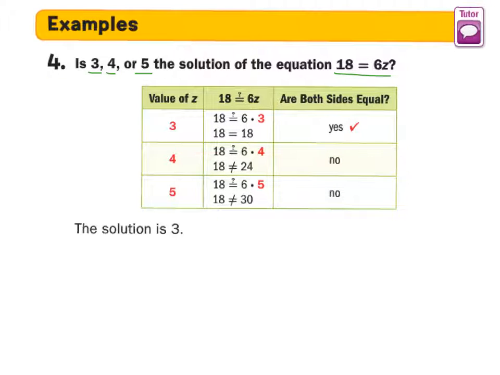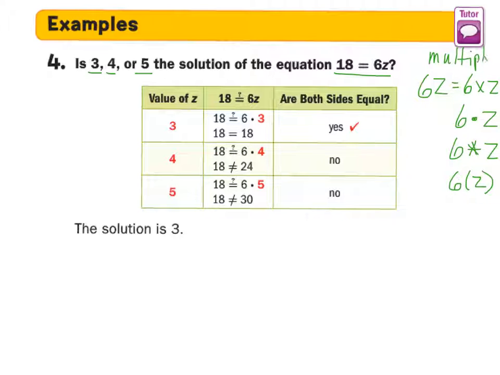You need to know that 6z is equal to 6 times z, or 6 dot z, or in everyday math we used to use those stars. But we are multiplying the 6 and the z, or if I had 6 parentheses z, this all means multiply. These are all different ways to multiply.